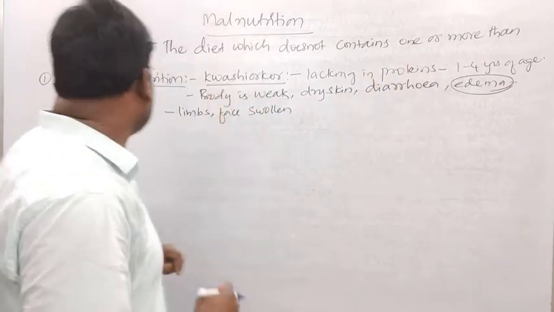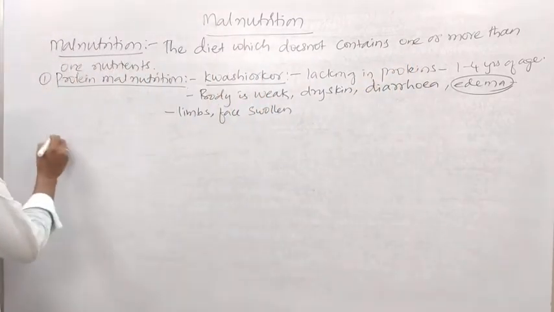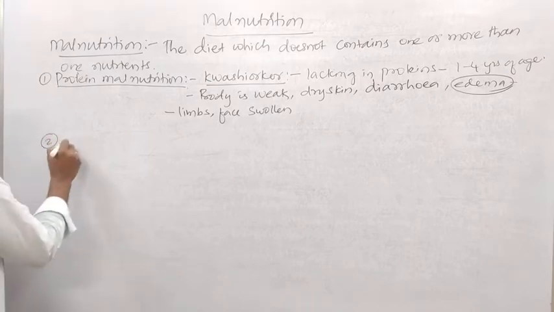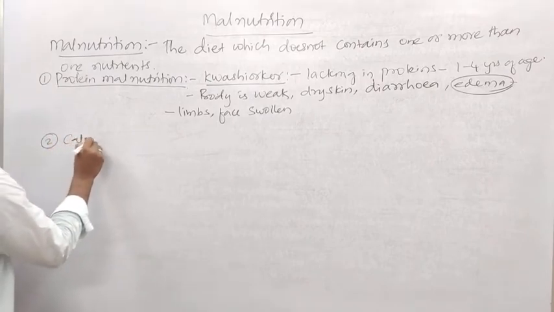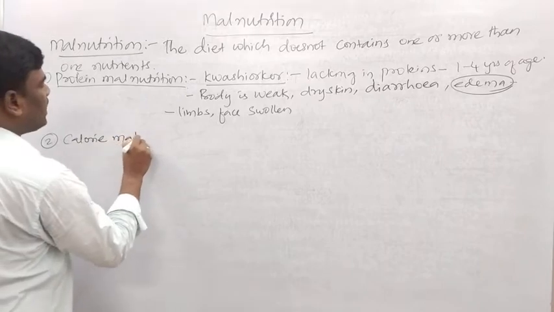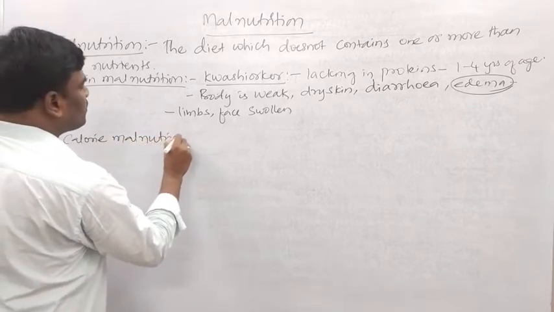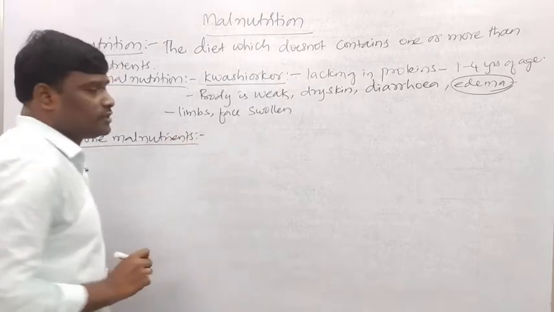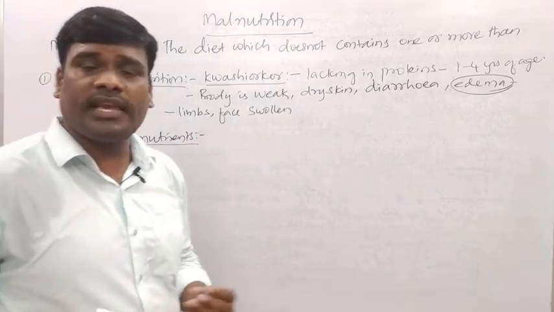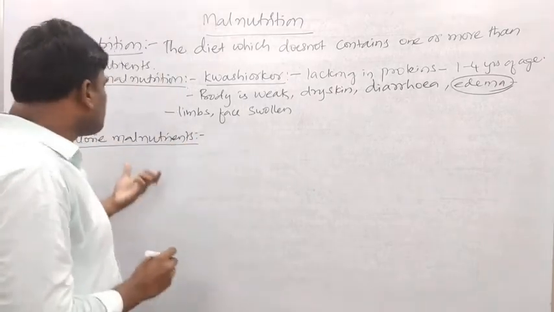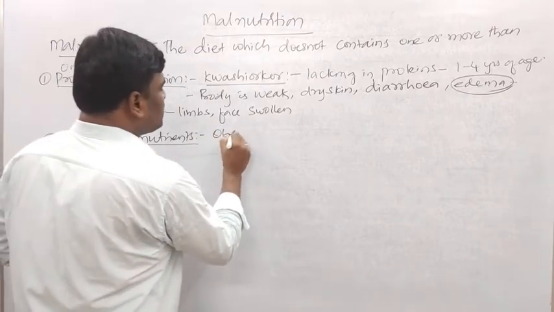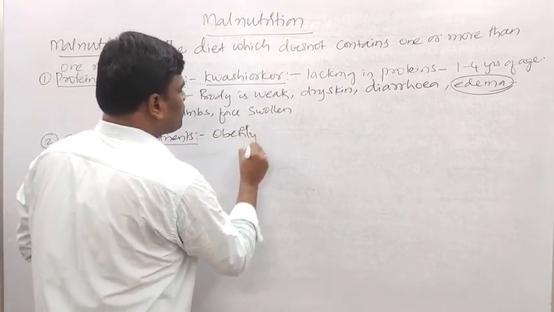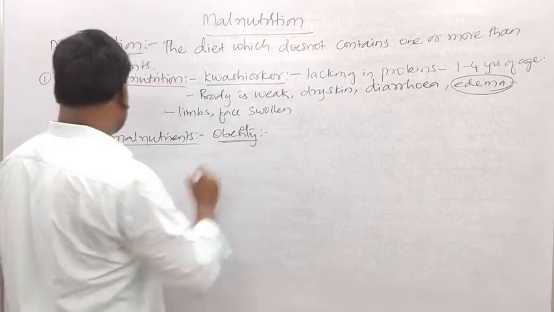And the next one, the second type of malnutrition, is calorie malnutrition, isn't it? So in this calorie malnutrition, children, an example is obesity. Obesity, isn't it?